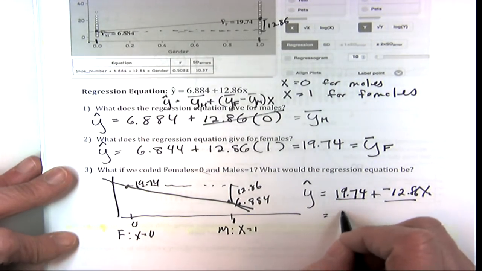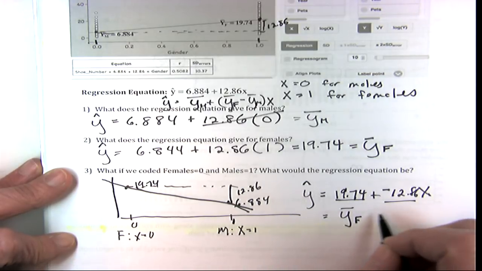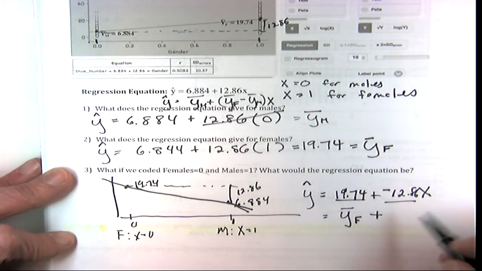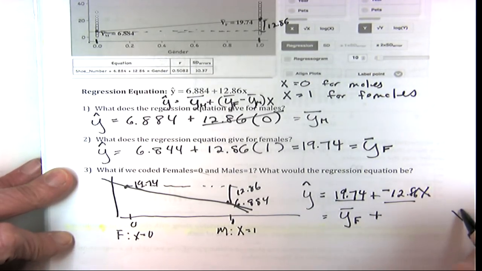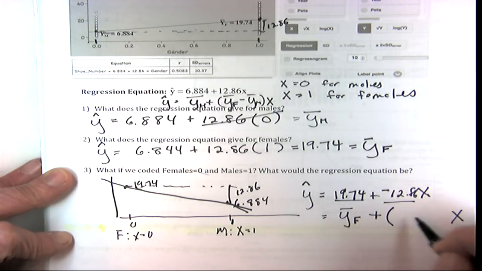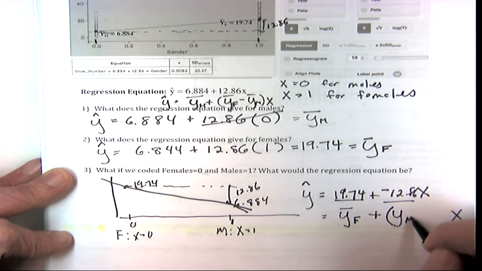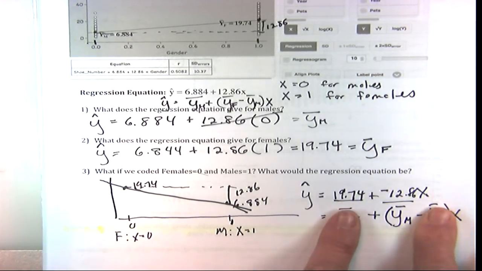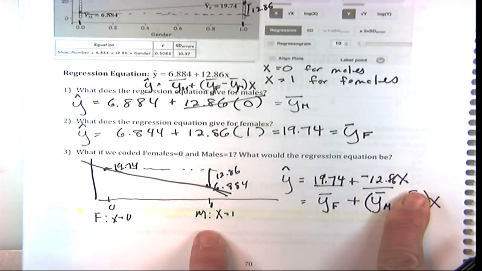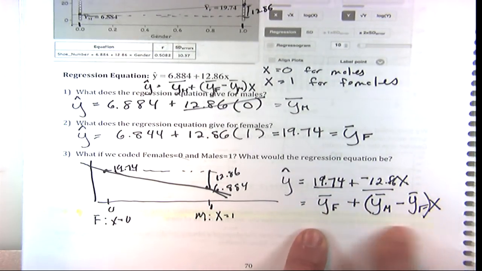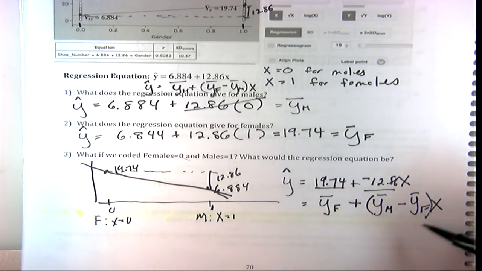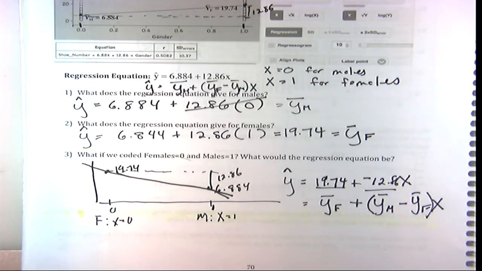So it would be y bar for females plus the difference, because when x is equal to 1 for males, we want to get the male average. So it's the male average minus the female average. It's not very hard. Does that make sense? Males minus females is negative 12.86. All right, that's pretty simple.